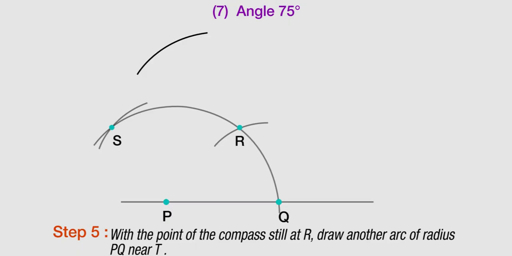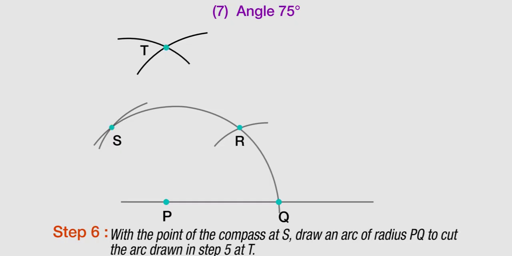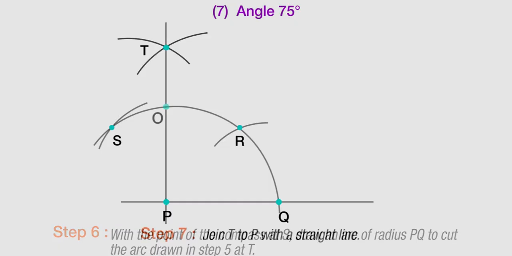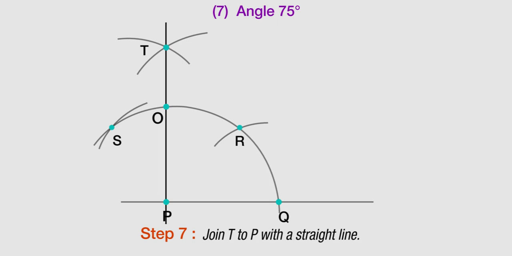Step 6. With the compass point at S this time around, draw an arc of radius PQ to cut the arc drawn in step 5 at T. Step 7. Join T to P with a straight line.